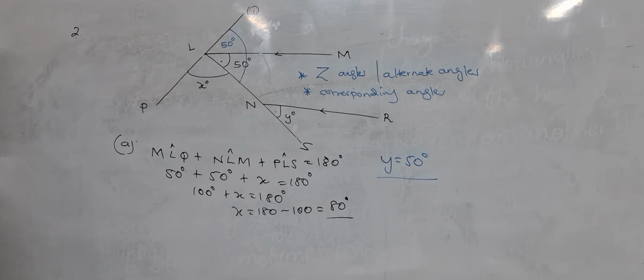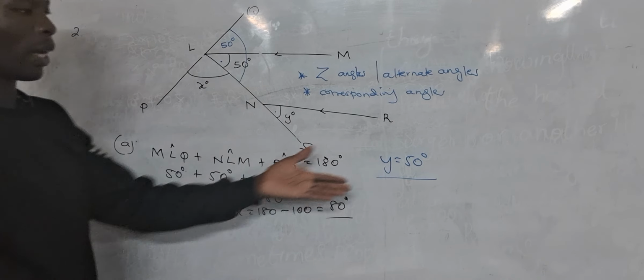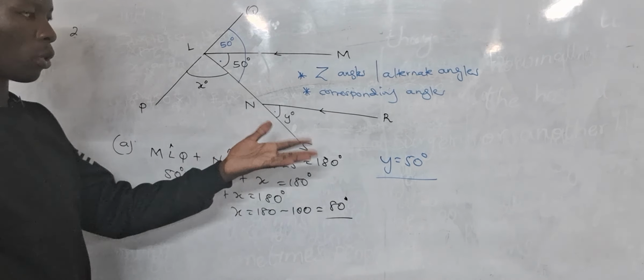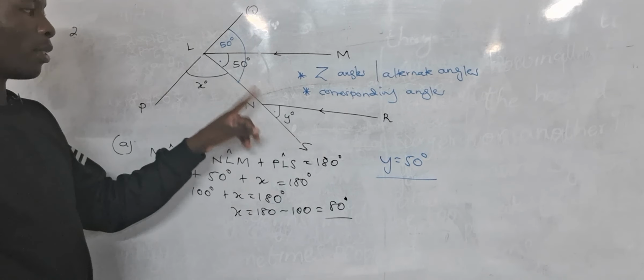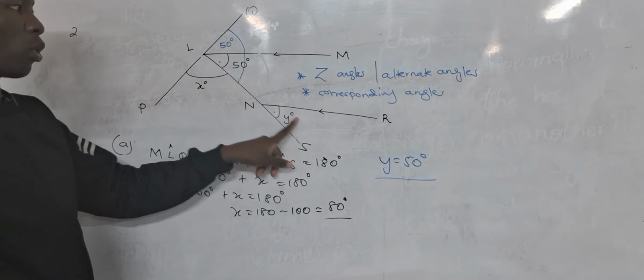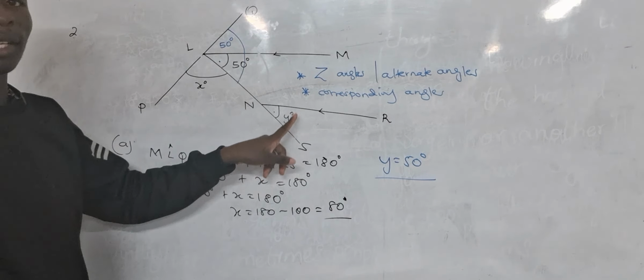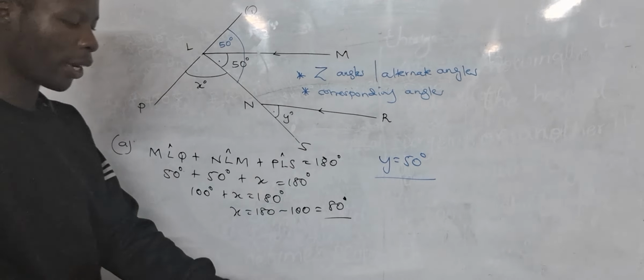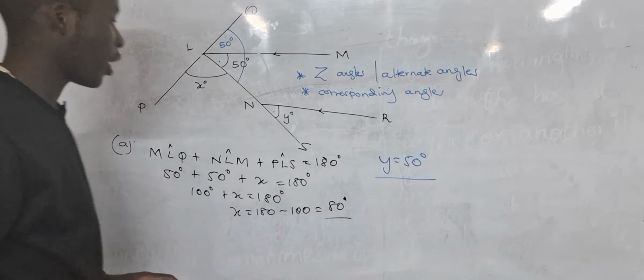So this is the final answer. That's why it's a 1 mark question. Very simple. You're supposed to reason like this. These are corresponding angles. So if this is 50 degrees, it also means this is 50 degrees. Okay, let's move on to question number 3.